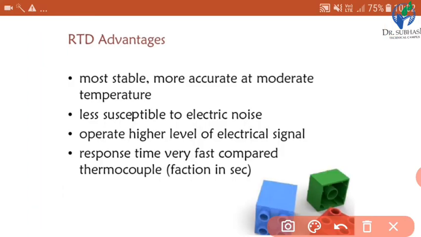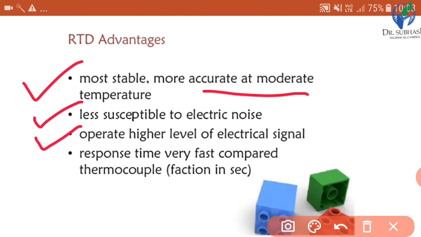Now, advantages of RTD. It is most stable and more accurate at moderate temperature. At the moderate temperature range, it is more accurate. It is less susceptible to electric noise. It operates at a higher level of electrical signal, so this is also an advantage.